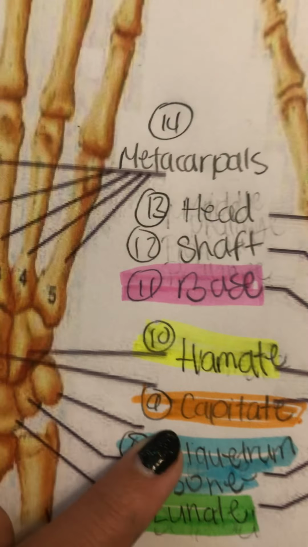Number 9 is the capitate. The capitate bone is the largest of the carpal bones, in the thumb side of the hand, which goes right here. Number 10, hamate. The hamate is a wedge-shaped carpal bone located on the outside area of the wrist, which goes right there.